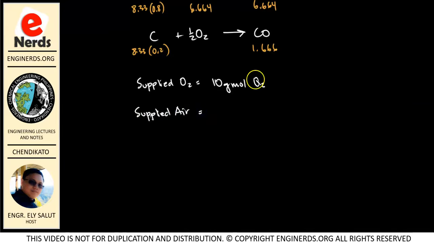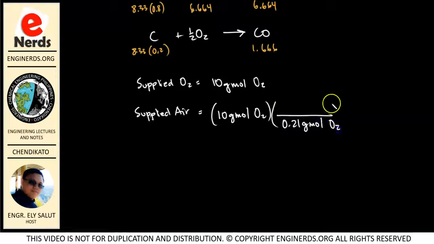Kukunin lang natin yung ratio ng ating oxygen sa air, di ba? So, 10 gram mole of O2 times for every 0.21 gram mole ng O2 sa ating air, we have 1 gram mole of air. Okay, so this will be cancelled out.